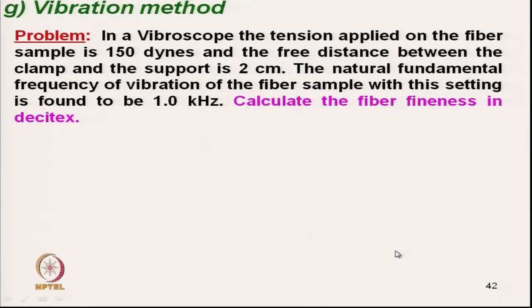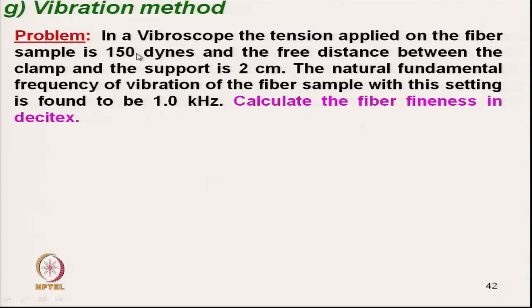Now, one simple example. A vibroscope is an instrument that works on the vibration principle. In a vibroscope, the tension applied on the fiber sample is 150 dynes, and the free distance between the clamp and the support is 2 centimeters.